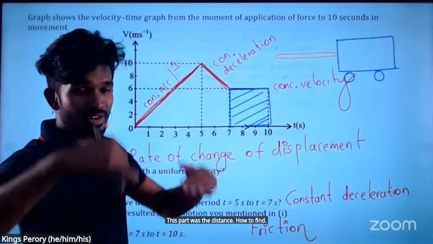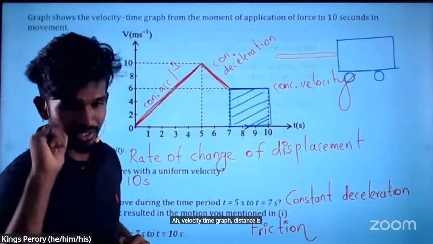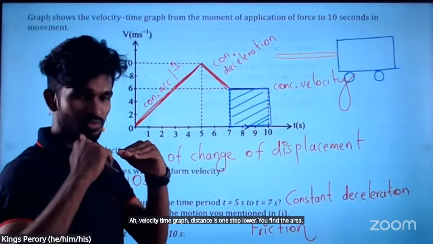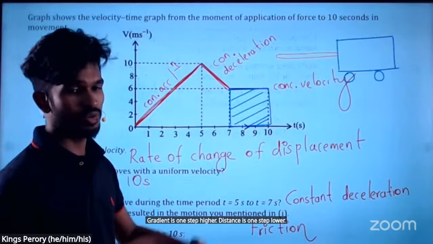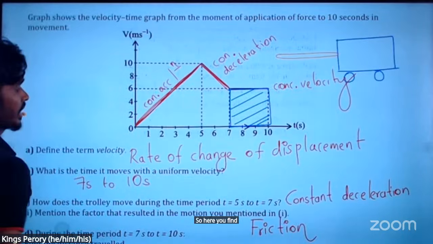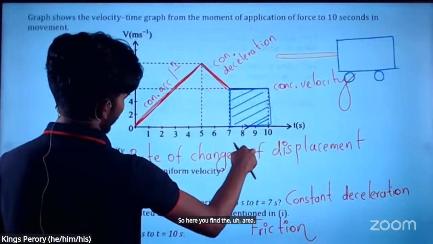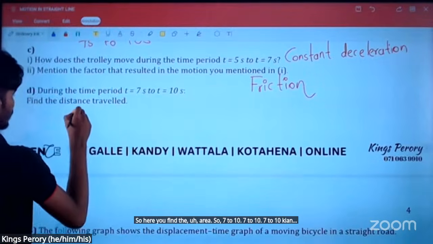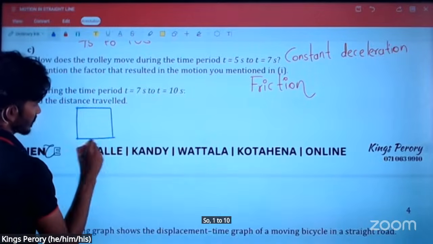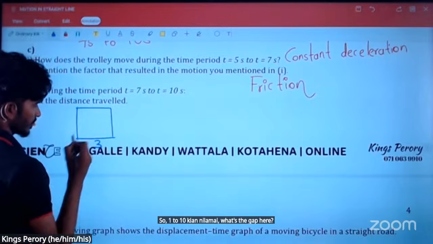Velocity time graph. Distance is one step lower. You find the area. Gradient is one step higher. Distance is one step lower. So here you find the area. 7 to 10, what's the gap here? 3.